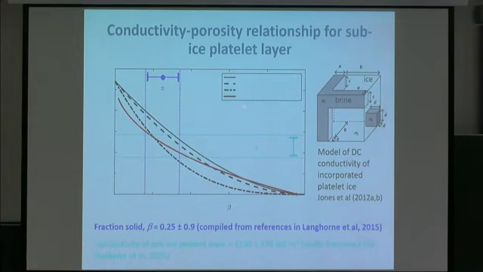So the models, which you can't see, are the black ones from Archie's law, which is the very basic porosity, conductivity relationship. And the red is from this model of DC conductivity for incorporated platelet ice. So basically all I want to say is that we're in this region here.